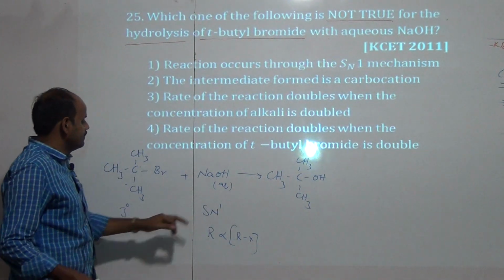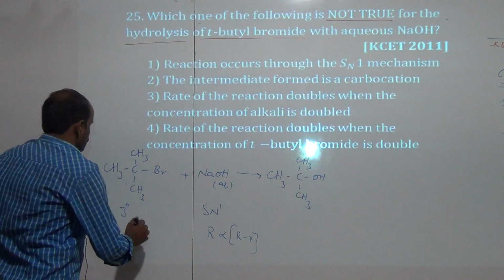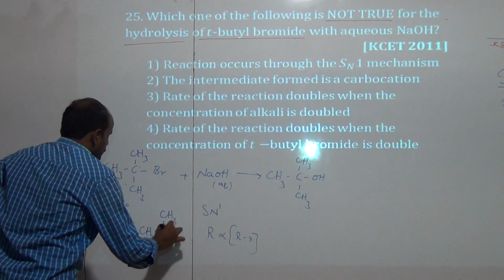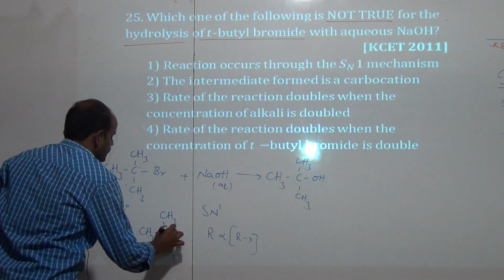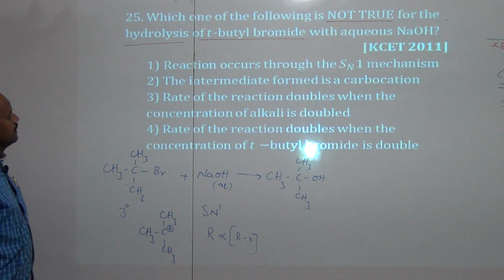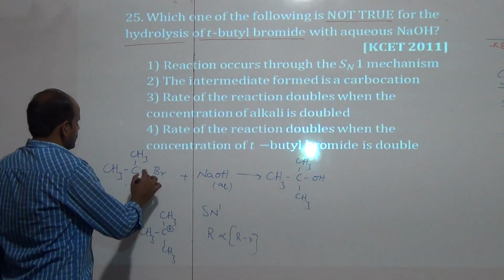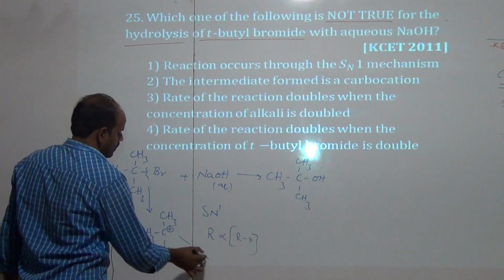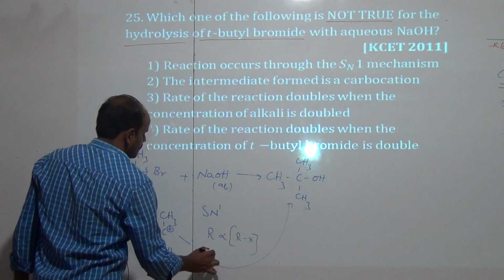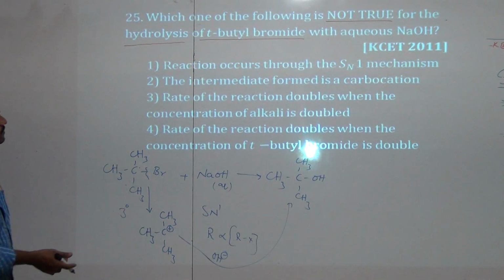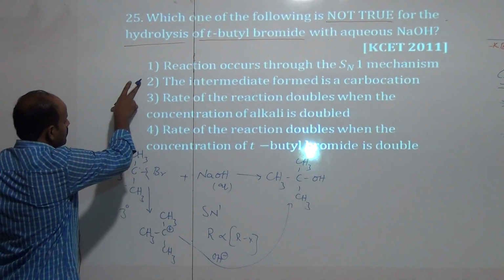In SN1, the intermediate is a carbocation, the tertiary butyl carbocation. After the bond breaks it gives the carbocation, and on attack by OH minus ions it gives the product. It is a two-step mechanism. Correct, hence that is not the answer.